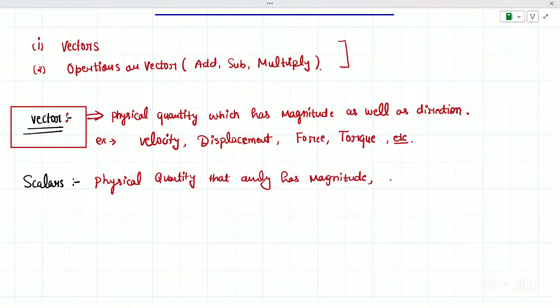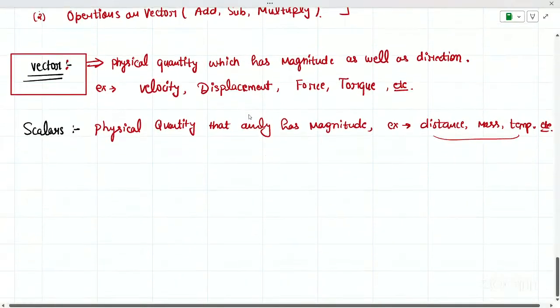For example, distance, mass, temperature, etc. Whatever physical quantity comes to your mind, if to define it you never use any direction, that quantity is a scalar quantity. Okay. Comment any two scalar quantities that you know apart from these three written here. Comment in the chat box.